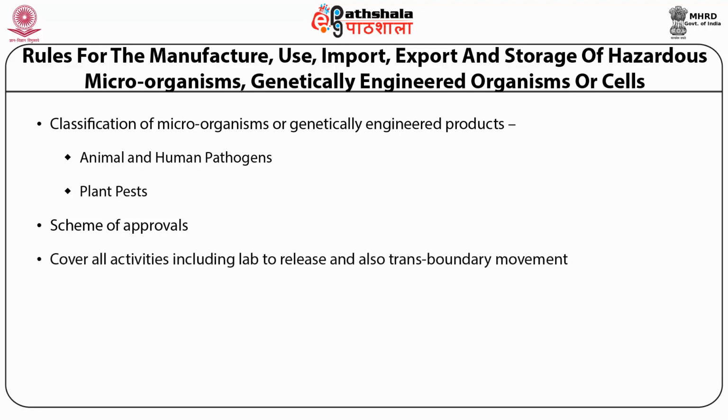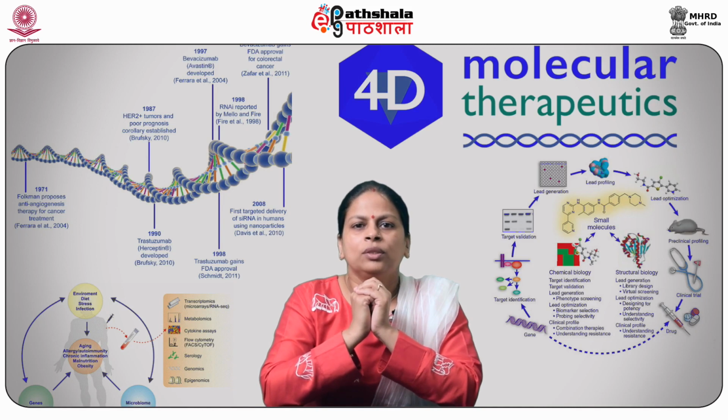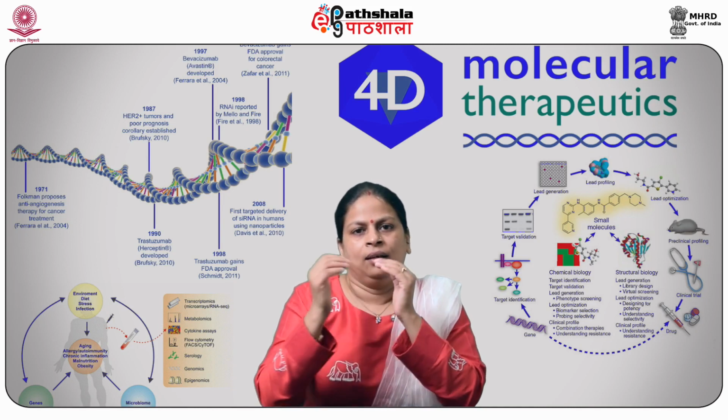It covers almost all the activities, including laboratory experiments, release into the field, or transboundary movement. There are detailed guidelines related to administrative mechanisms, and if we fail to follow these rules and procedures, there are punitive provisions as well.